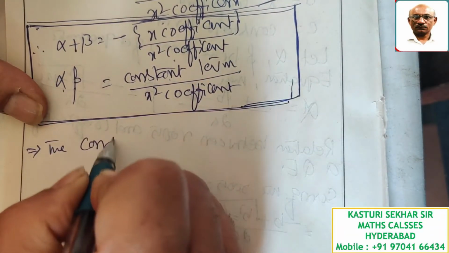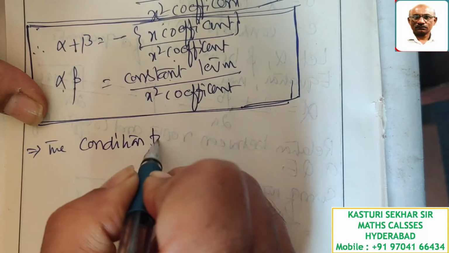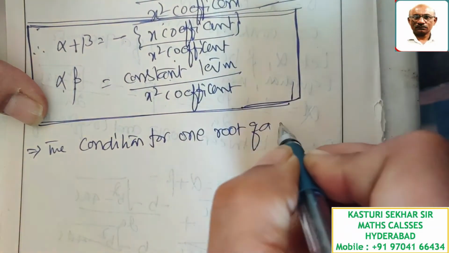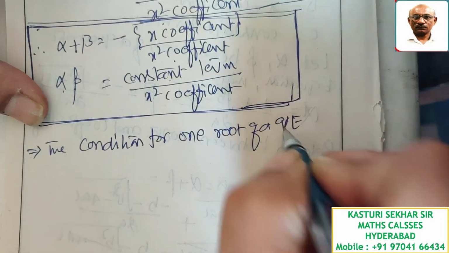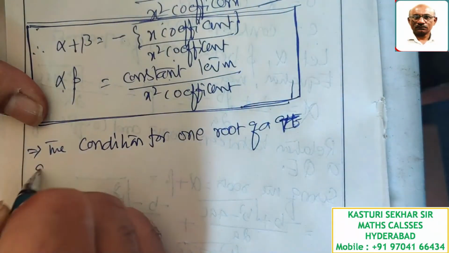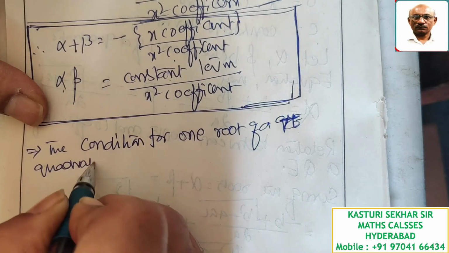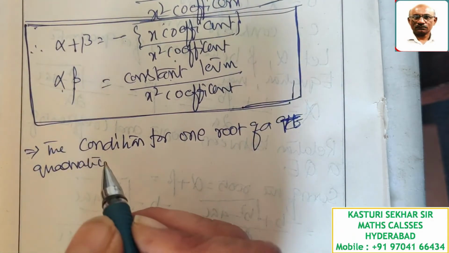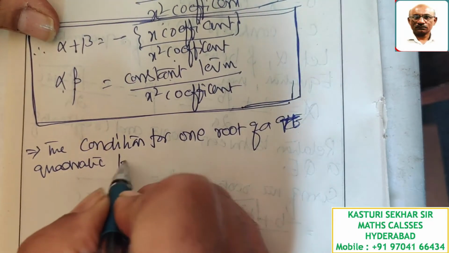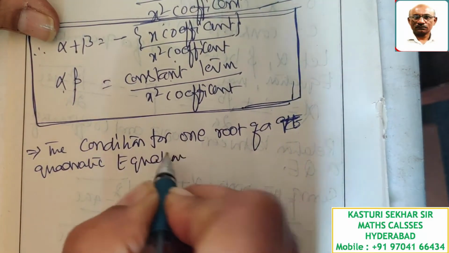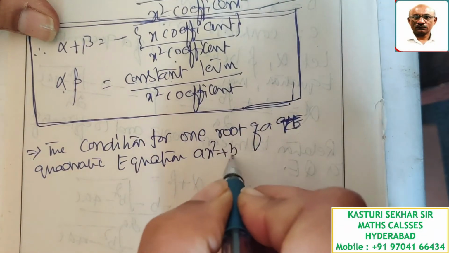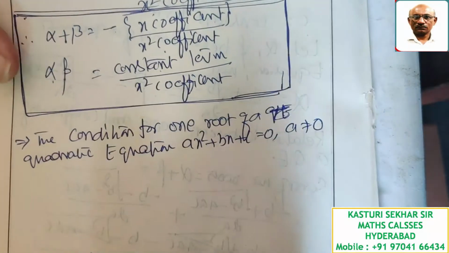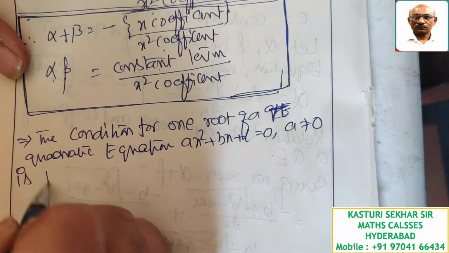The condition for one root of a quadratic equation ax square plus bx plus c equal to 0, a is not equal to 0, is twice the other.